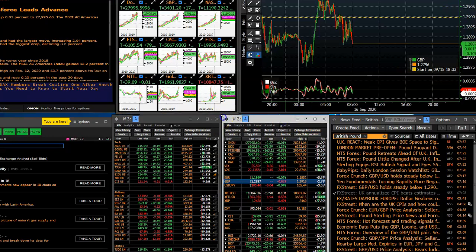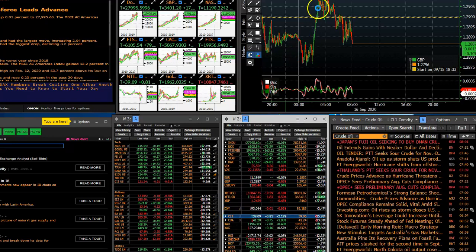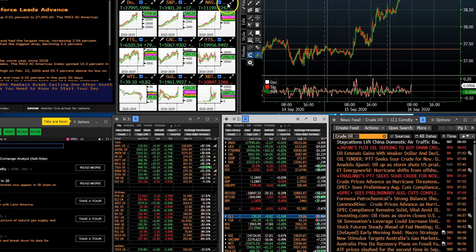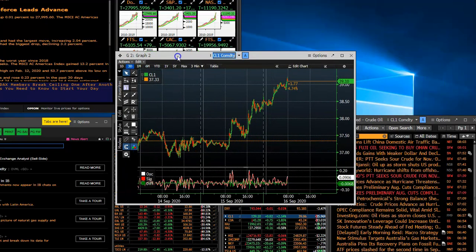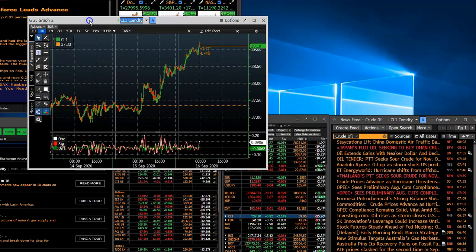So what we have over here are the prices for crude and the prices for Brent. Let me readjust and bring this chart over here to show you what exactly I mean.